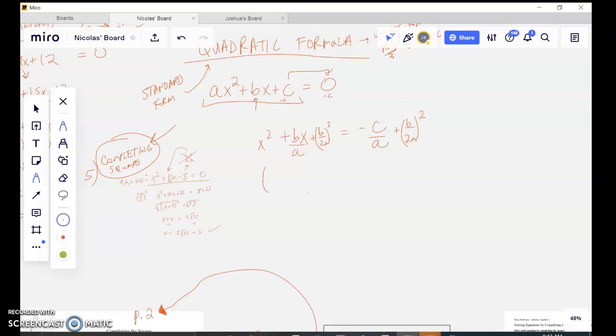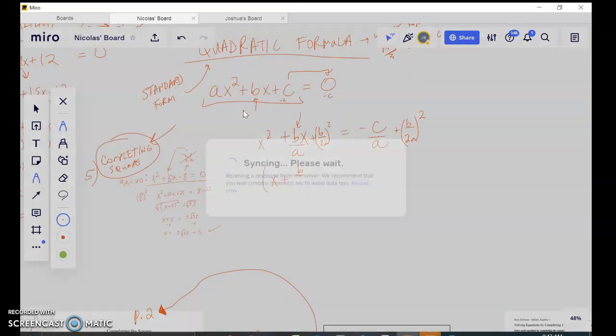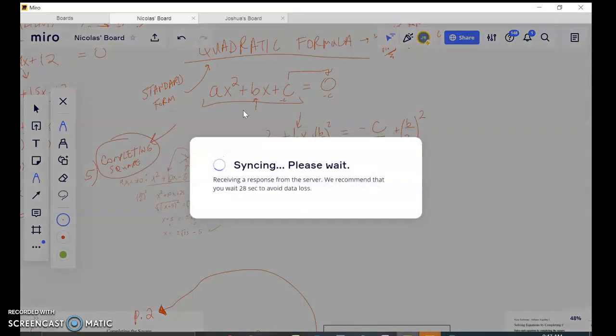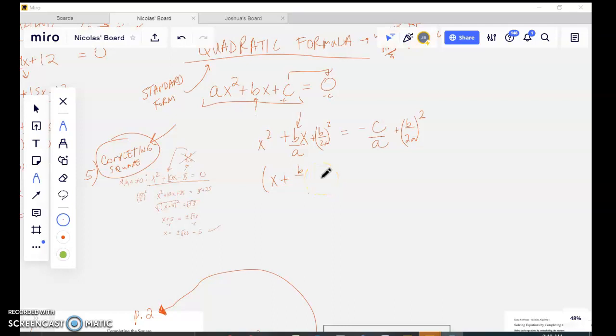This is just going to become x plus, remember what the rule is, this number divided by 2 goes here, so just b over 2a, all squared. And that's going to equal this lovely monstrosity: negative c over a plus b over 2a squared.